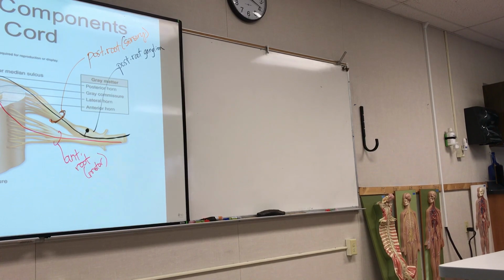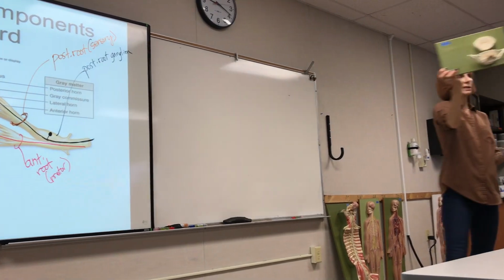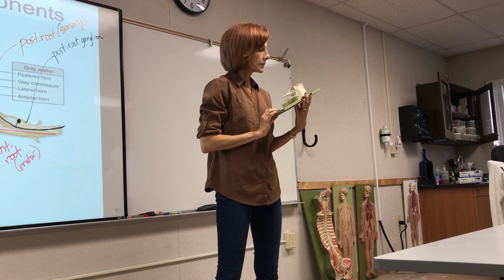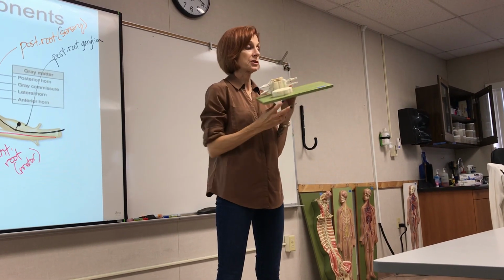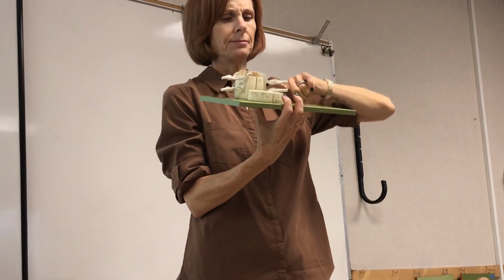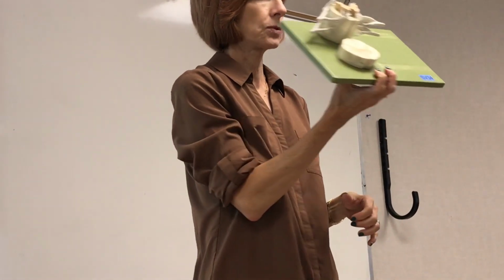These other spinal cord models are very basic, so you're not gonna see as much detail. This doesn't show the meninges. It does show the roots of the spinal nerve and the posterior root ganglion. But other than that, that's about it.